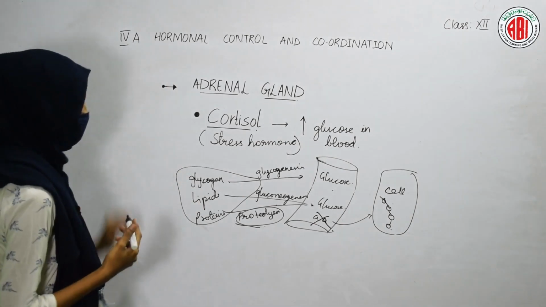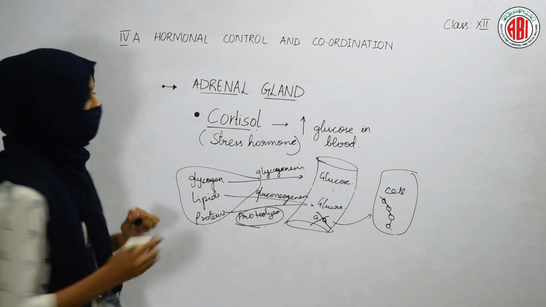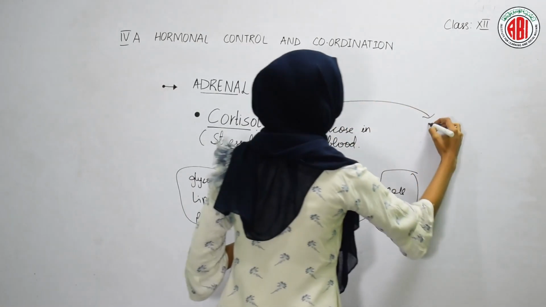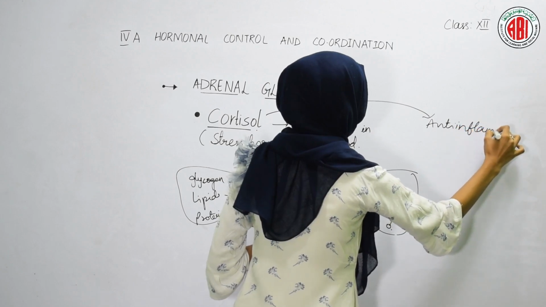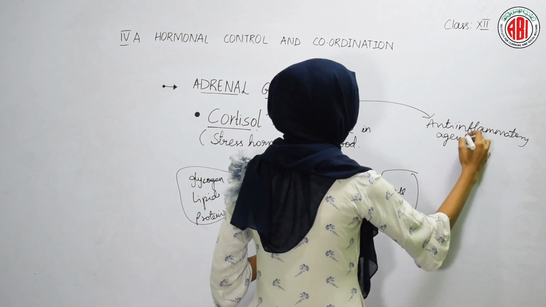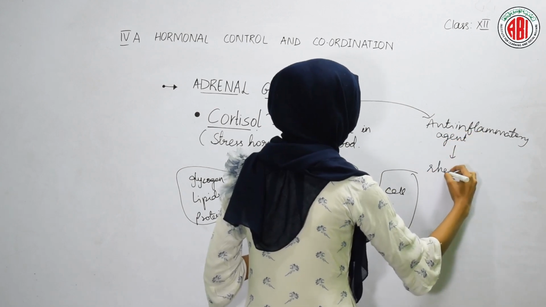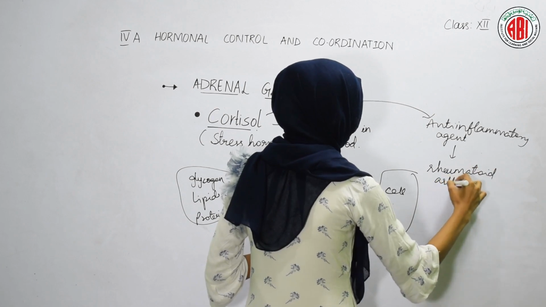Now, besides this, cortisol is a hormone that acts as an anti-inflammatory agent. It acts as an anti-inflammatory agent in case of rheumatoid arthritis.